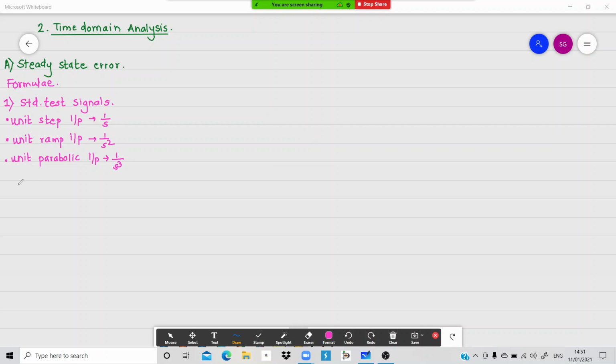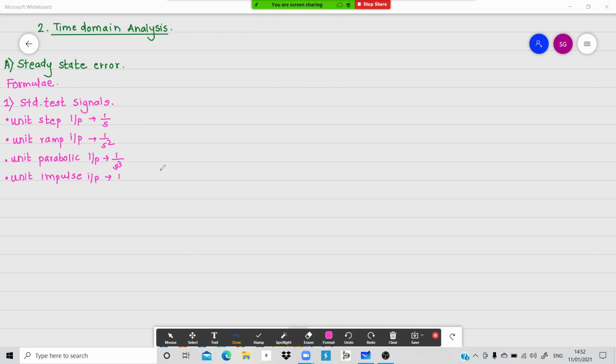And third one is unit impulse, and it is 1. So you are supposed to remember 1 by s, 1 by s square, 1 by s cube.